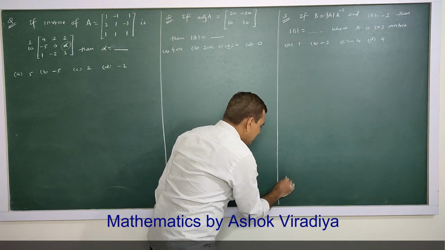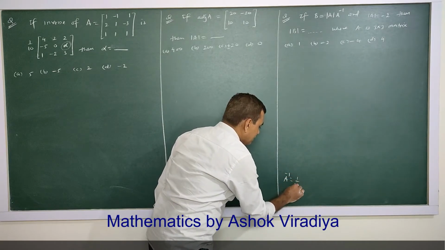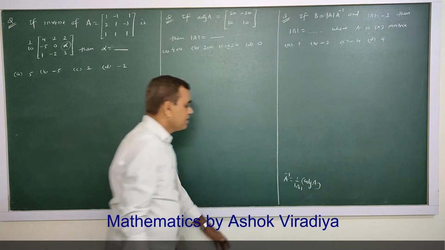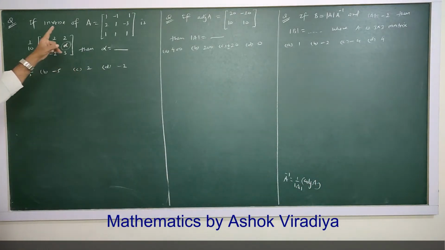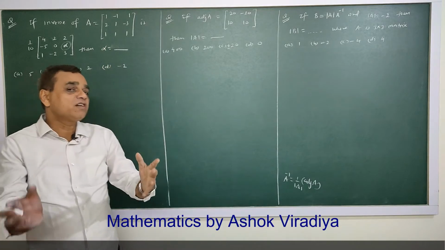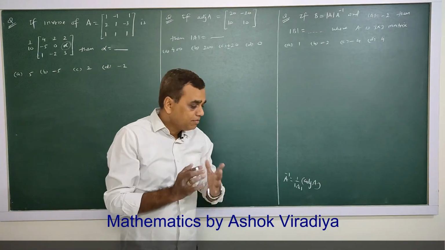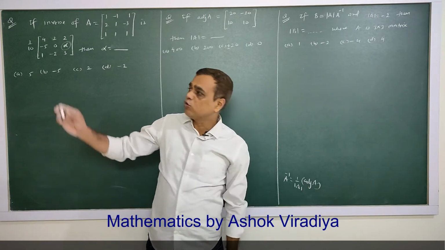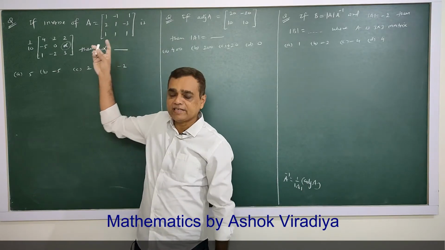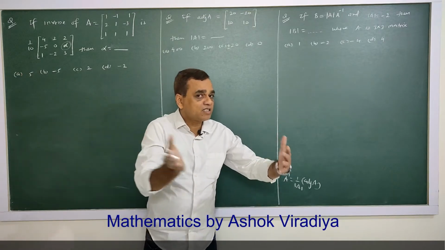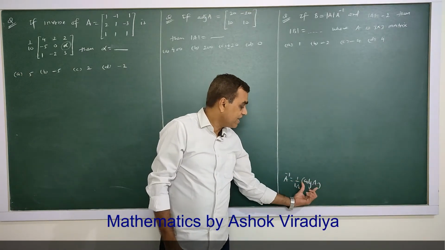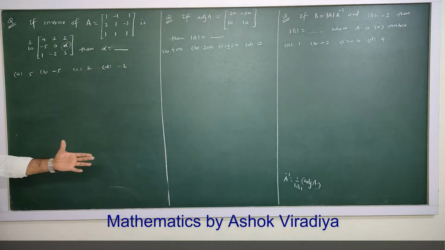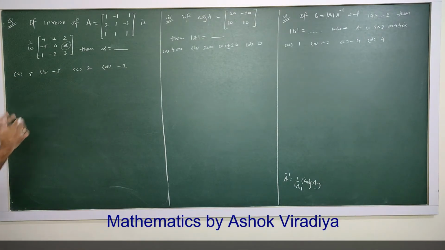If we use the formula, inverse of A is 1 upon determinant A times adjoint of A, the procedure will be lengthy, because to find the adjoint you have to find the cofactors of all these 9 elements, then take its transpose, then you will get the adjoint. So instead of applying the formula method, here I apply a shortcut.